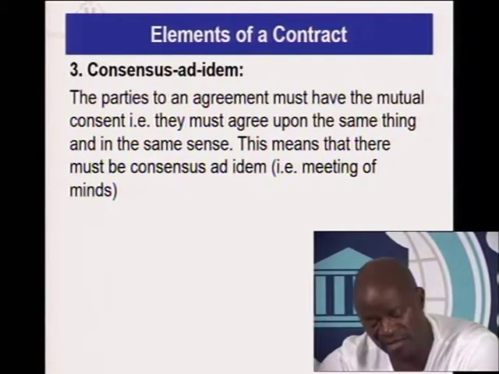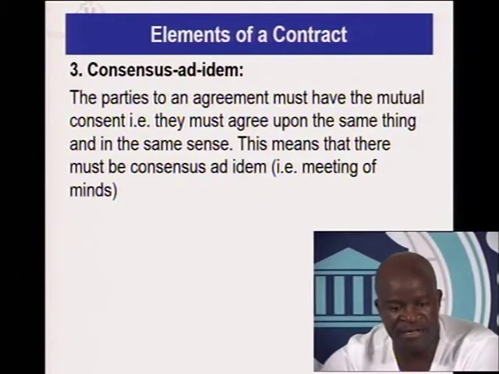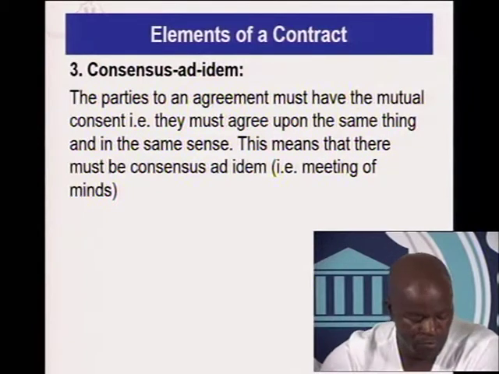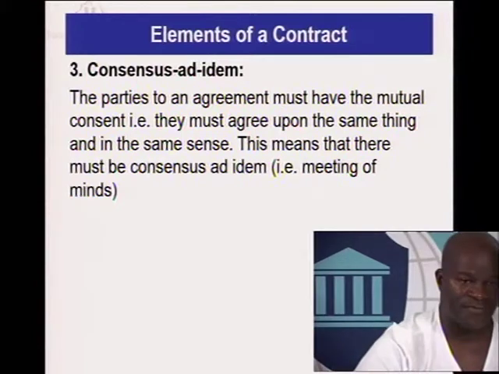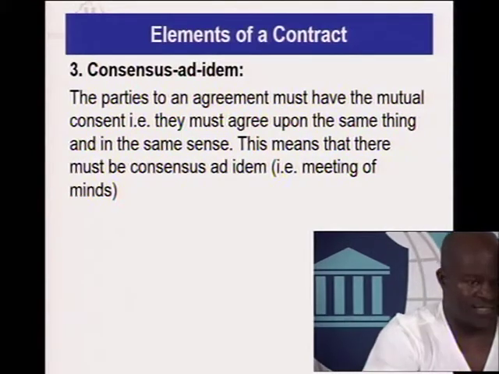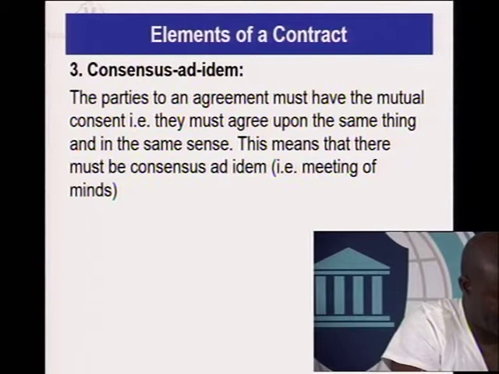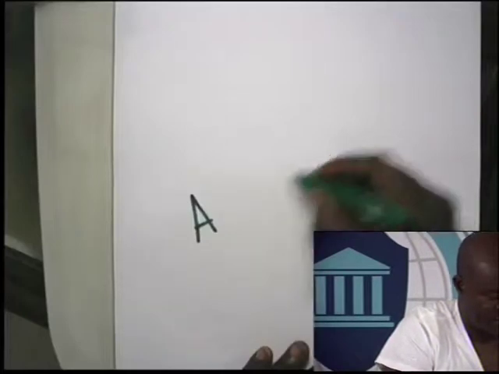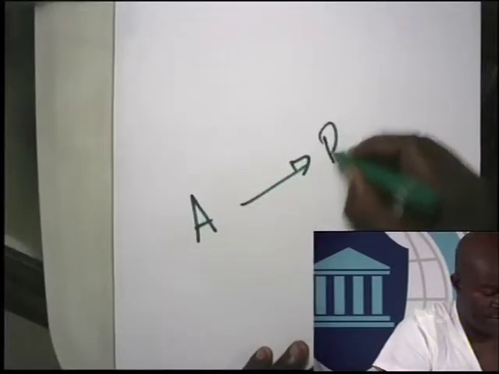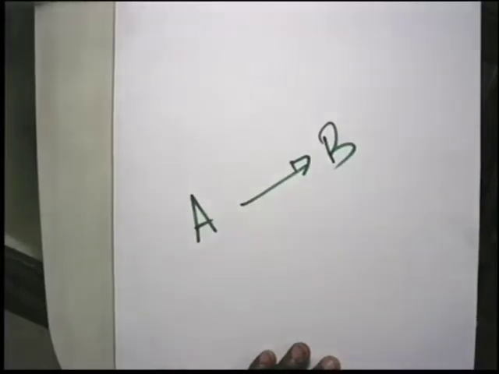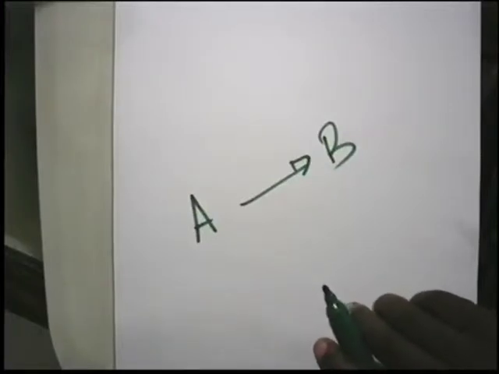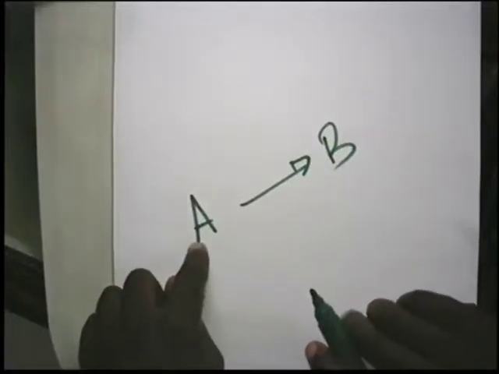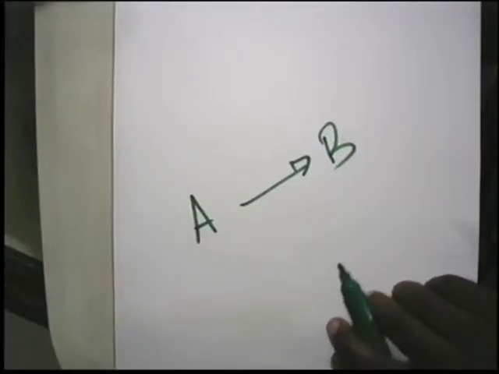We have said a contract is between two parties, party A and party B. So, when we're talking of the meeting between the two parties, there must be the intention. Let's say we've got here party A versus party B. Now, when we say there must be the meeting of the minds, what they are thinking of should be the same. Let me give an example.